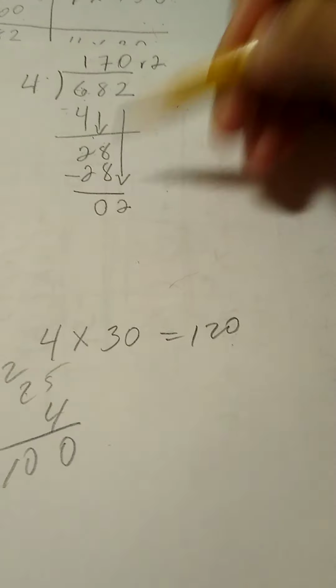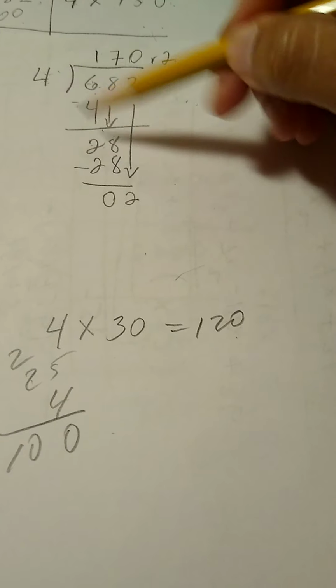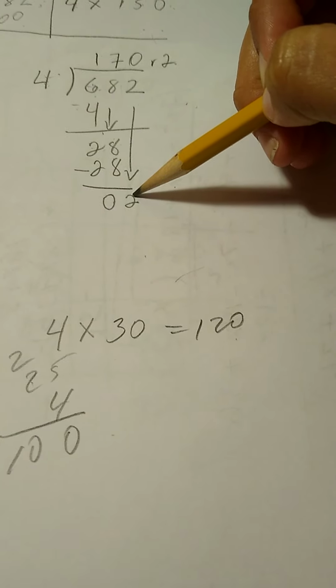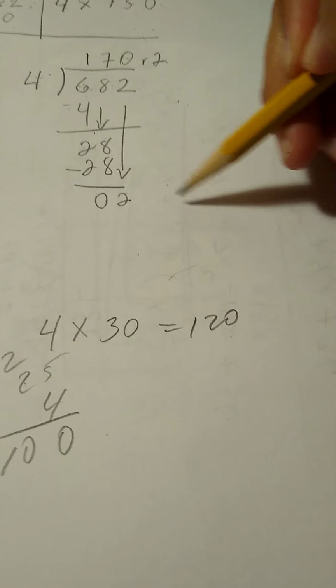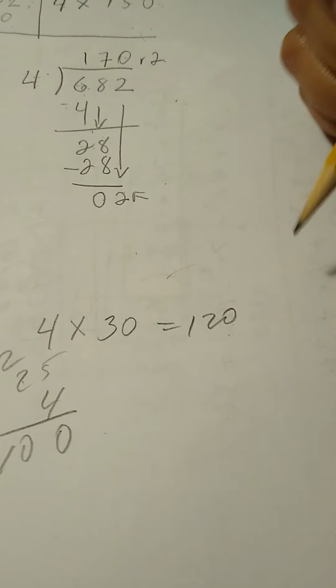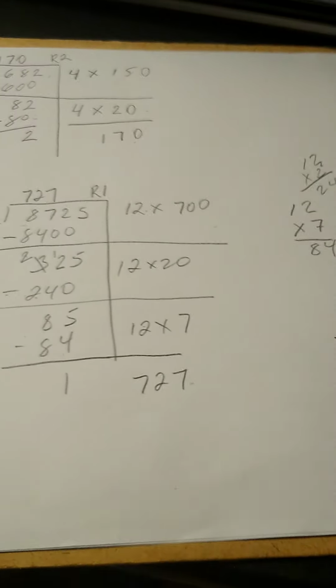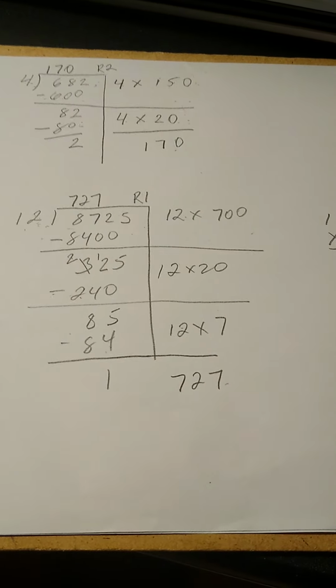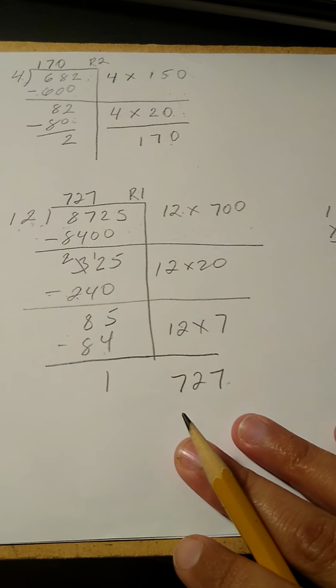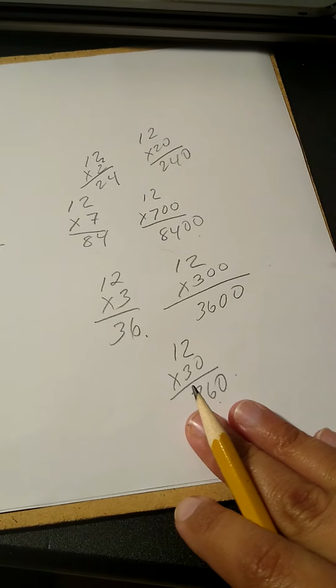You bring down the 2. How many times can 4 go into 2? You can't. 0. And this becomes your remainder. It's so much easier this way. I mean, for me, because I learned this method. This method is okay, but look at all the side work it took me.